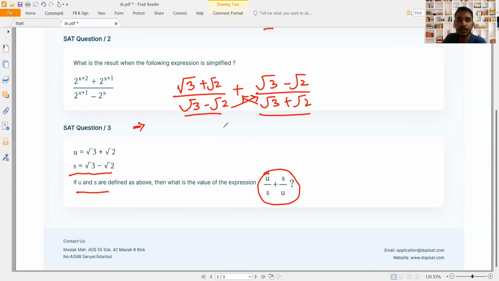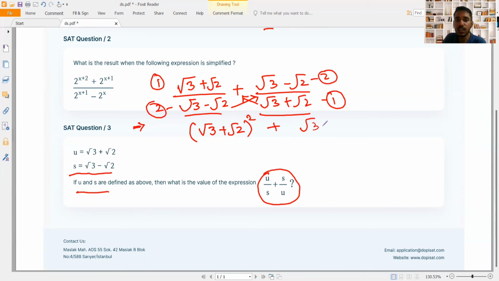So what will I get? When I do this, root 3 plus root 2 gets multiplied with root 3 plus root 2. This one gets multiplied with this one. So this becomes a plus b whole square. Similarly, root 3 minus root 2 times root 3 minus root 2 becomes a minus b whole square, right?